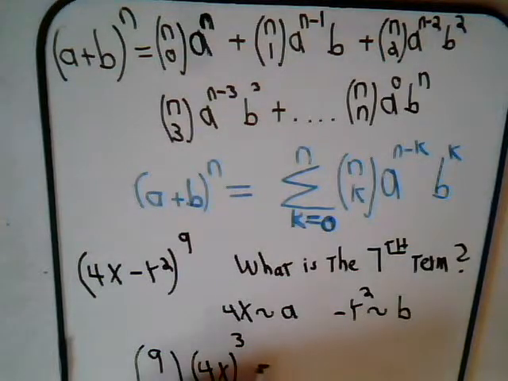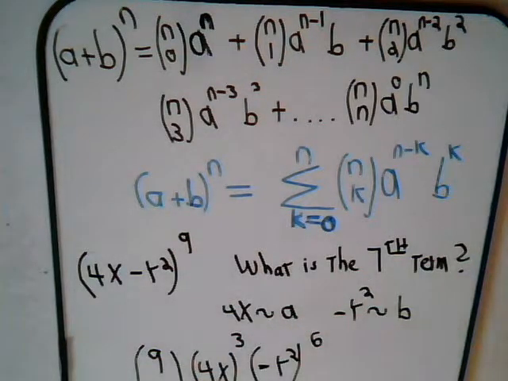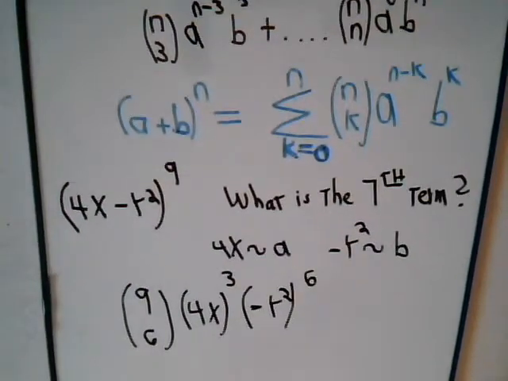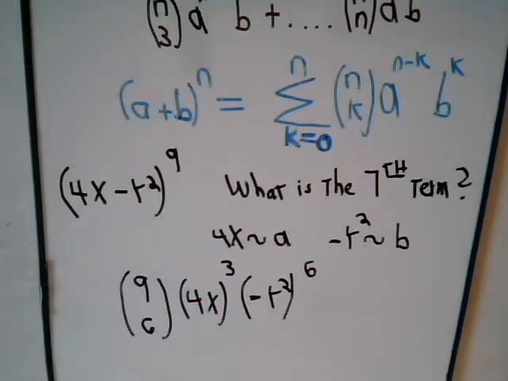And the b term, minus y squared, is raised to the 6th power. So there, that would be our 7th term. If we were to multiply this out 9 times, this would be the 7th term in the series.